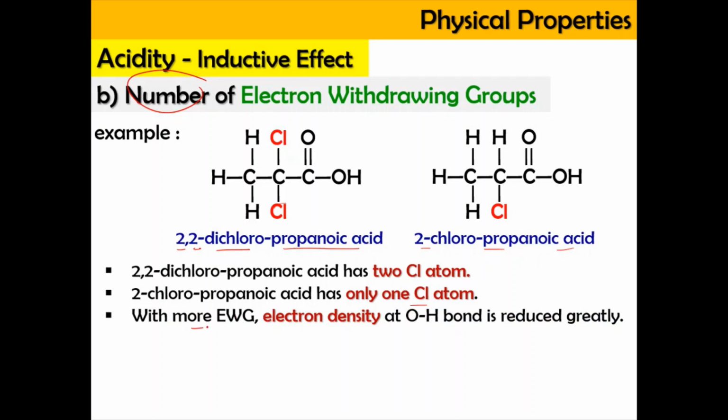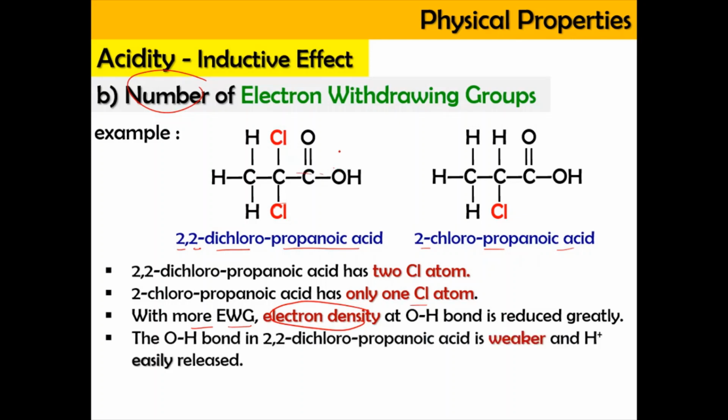So with more electron withdrawing groups, the electron density of the OH bond is reduced much more greatly. Hence, the OH bond will become weaker, and the hydrogen will be easily released. So we can say that 2,2-dichloropropanoic acid is much more acidic in comparison to 2-chloropropanoic acid.